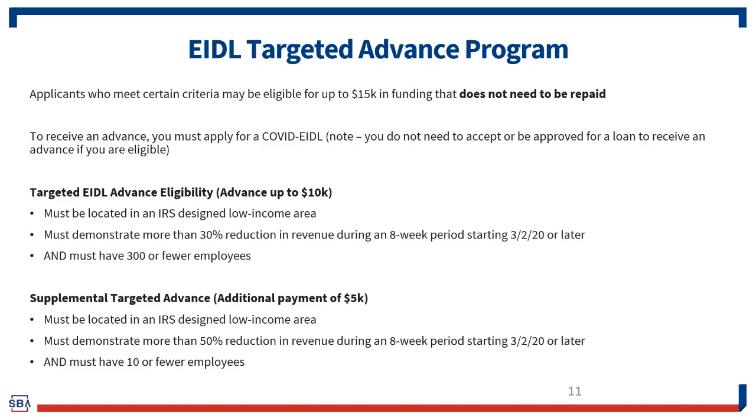And again, this is in addition to the first targeted advance that you would receive. Same kind of criteria. You must be located in the IRS designated low income area. You must be able to demonstrate a more than 50% reduction in revenue during the 8-week period. And for this one, you have to have 10 or fewer employees. So those are the eligibility requirements for the advanced programs.